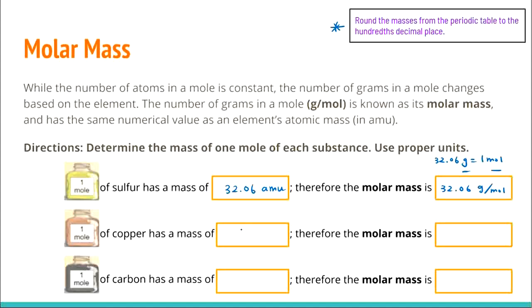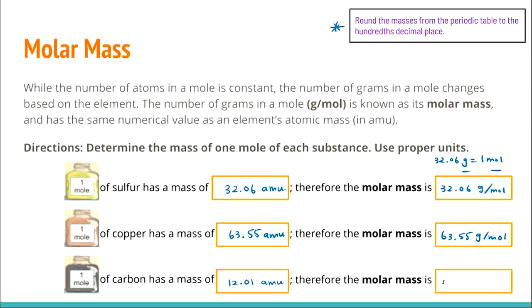If I need to round up, you're going to round up. So copper has a mass of 63.55 AMU. Therefore, the molar mass is 63.55 grams per mole. Go ahead and find carbon. Round the mass to the 100th place. Carbon has a mass of 12.01 AMU.